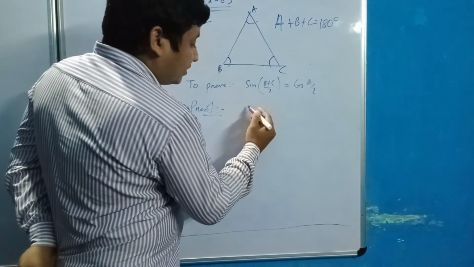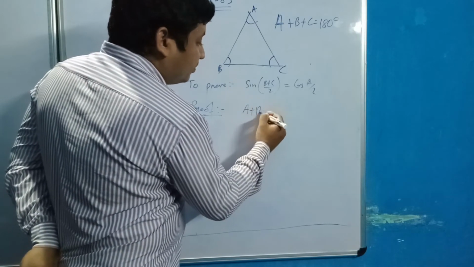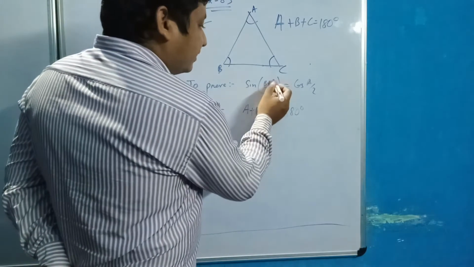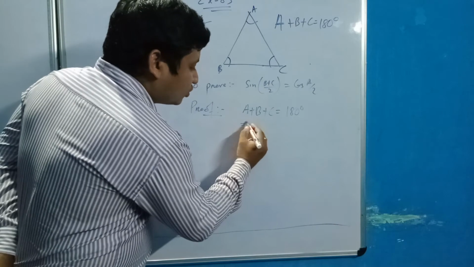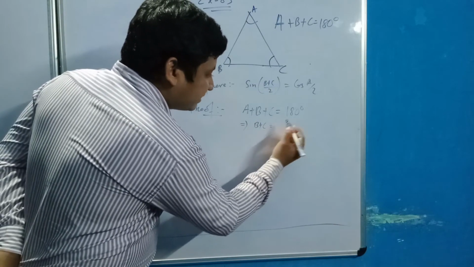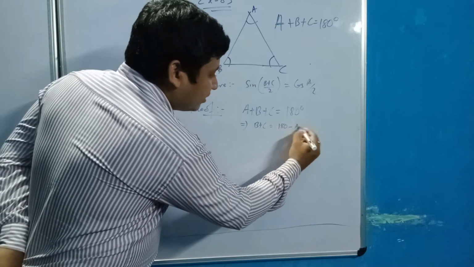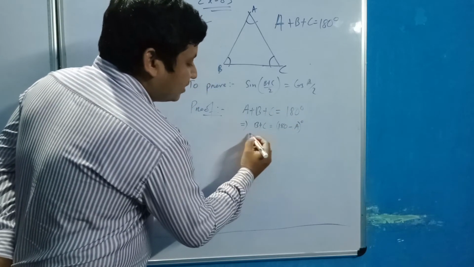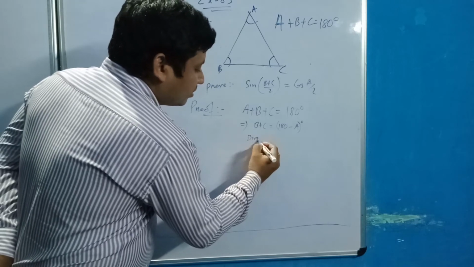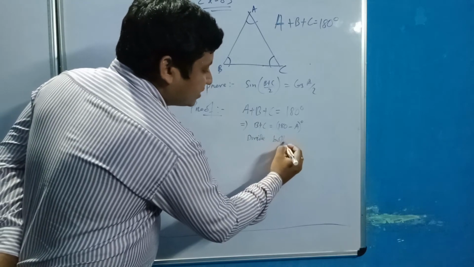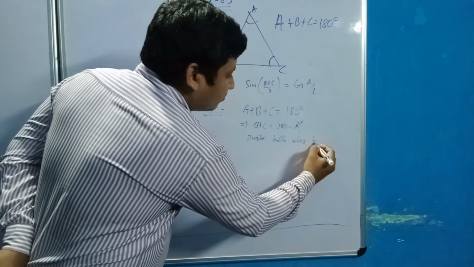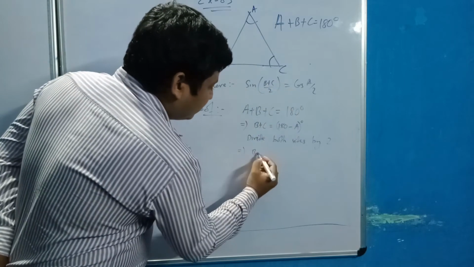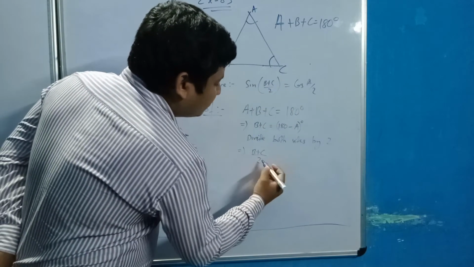Now we know that A plus B plus C equals 180 degree. As here we have to keep B plus C, we will keep B plus C on the left hand side and the rest will be taken to the right hand side. So B plus C equals 180 minus A. Let us divide both sides by 2, because here we need (B plus C) by 2.